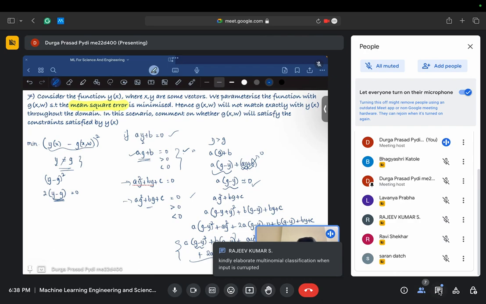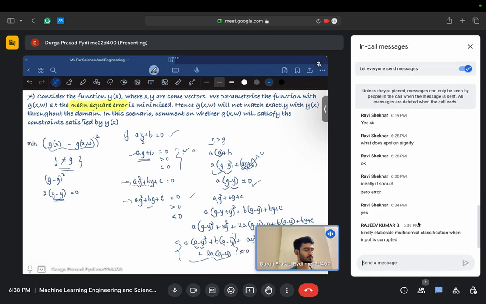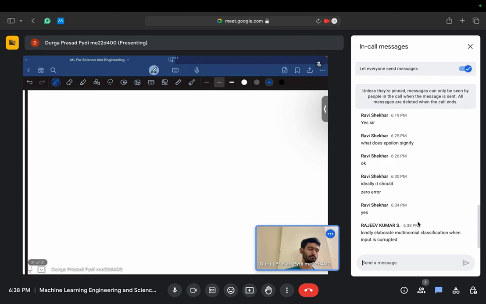when input is corrupted, say maybe we'll take 3 labels, so y can take on 3 values.